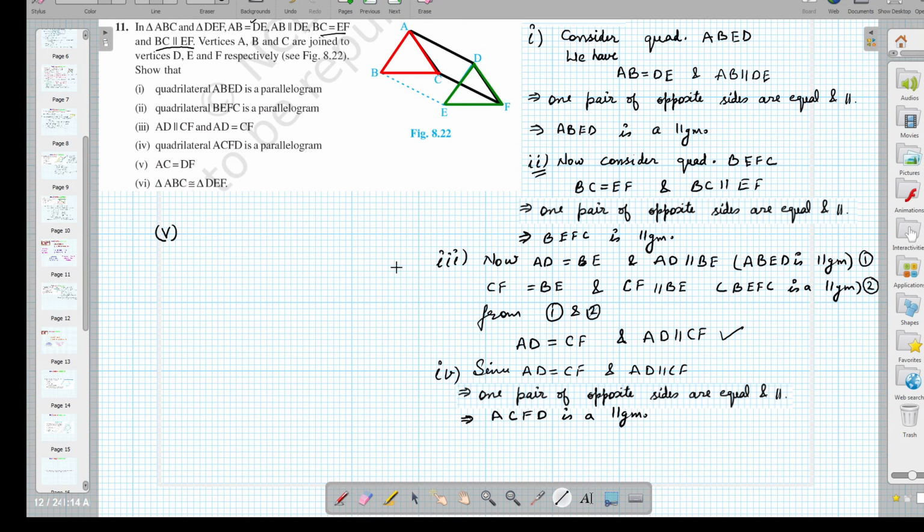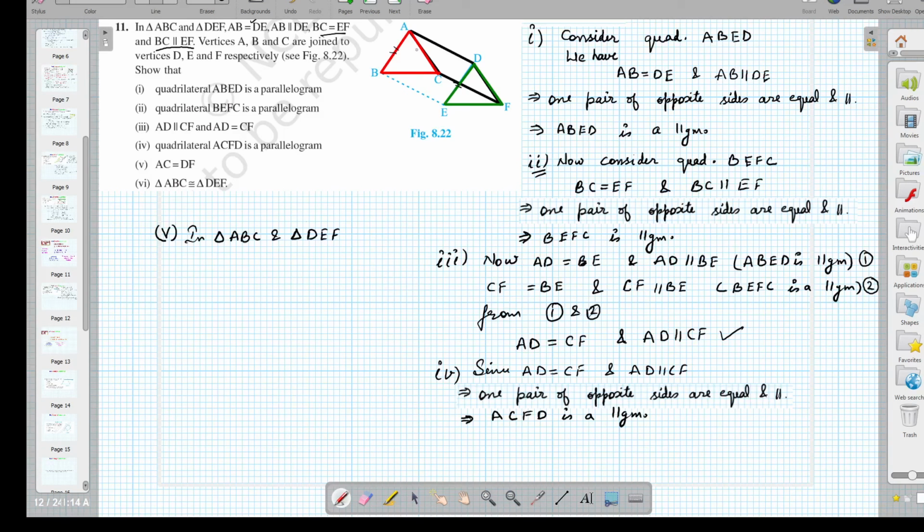So we have to prove congruency between these two triangles. In the red triangle and in the green triangle we have AB is equal to DE.